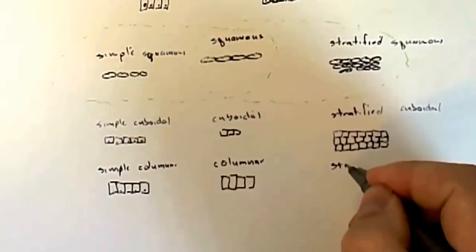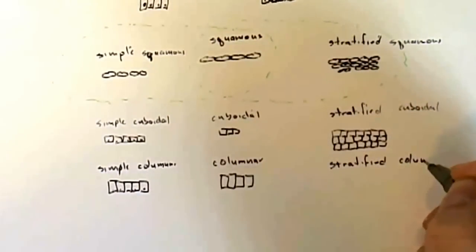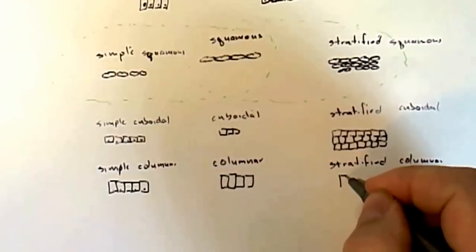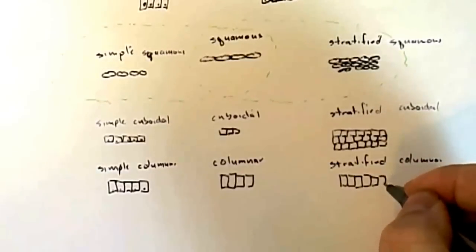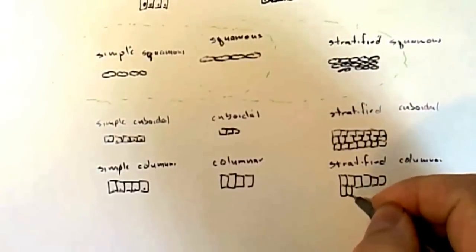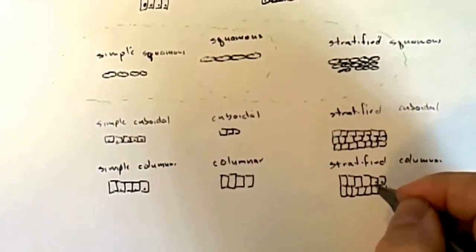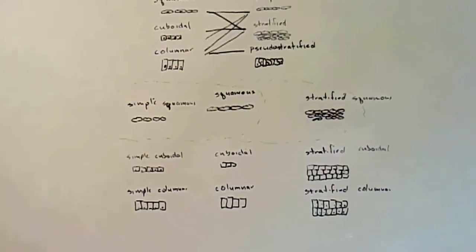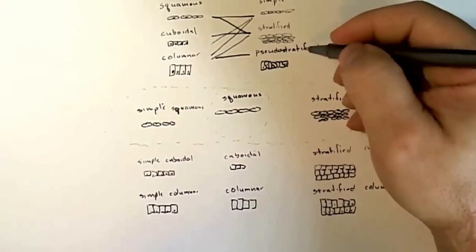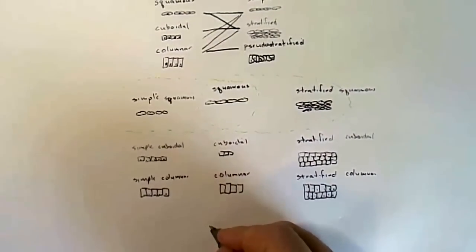So you can have stratified columnar. Now the last remaining one is the pseudo-stratified, and since there's only pseudo-stratified columnar, I put that one down here.